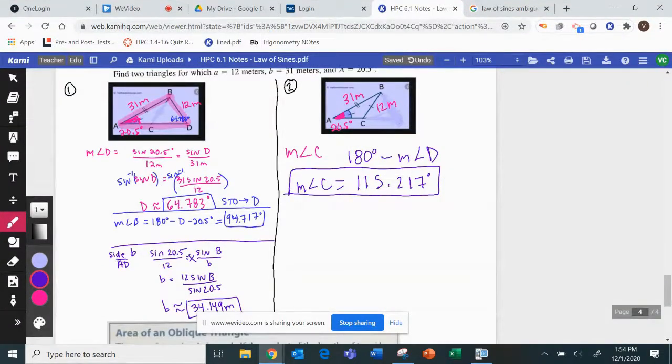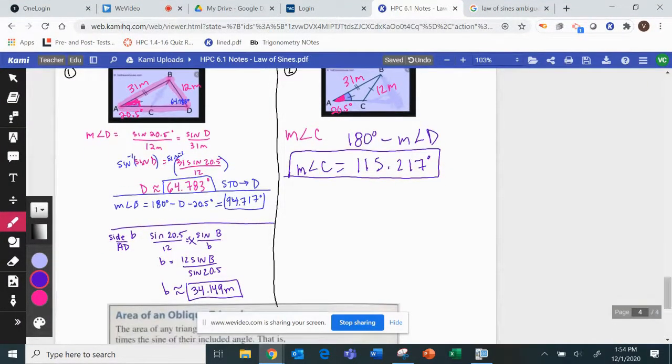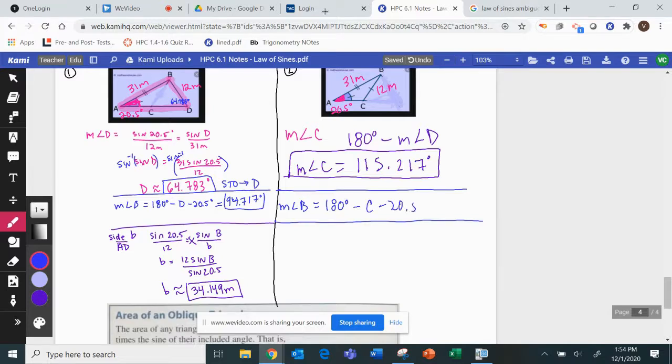The next thing that we did was find the other angle. We're going to do that the exact same way, using the triangle sum theorem. So this time measurement of angle B is going to be 180 degrees minus C minus 20.5.